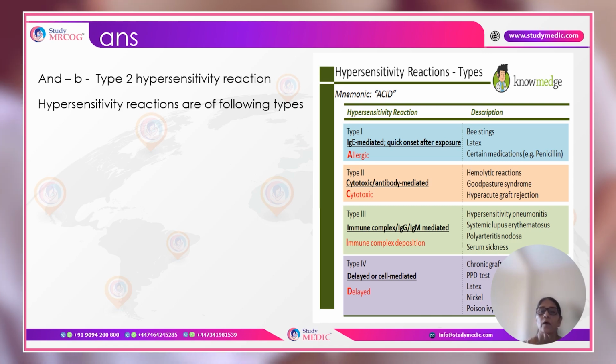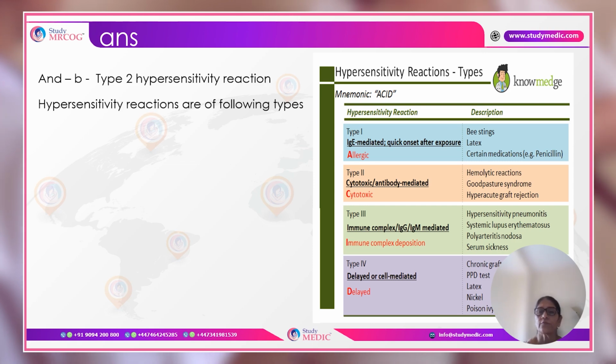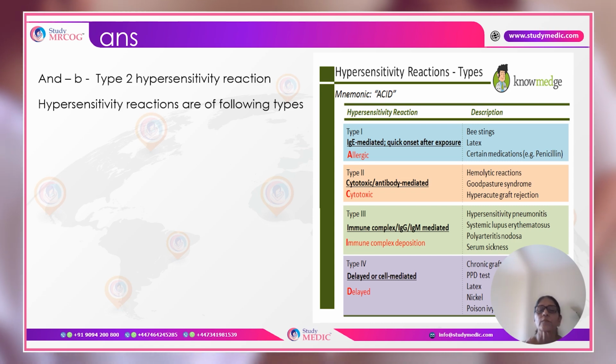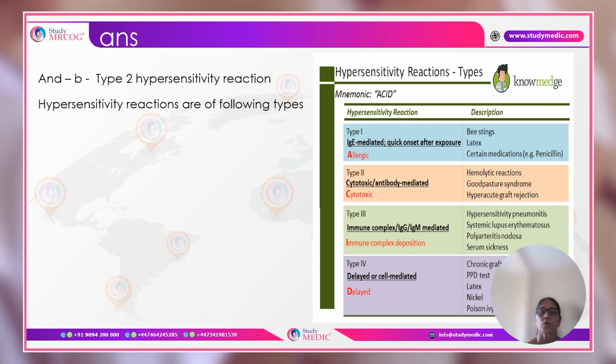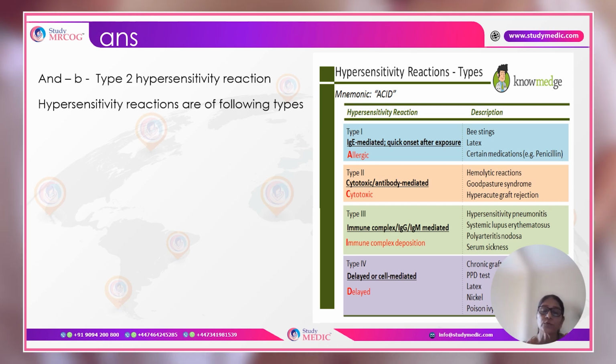Now chronic graft rejection, the PPD test especially for tuberculosis, latex allergy which sometimes could be delayed also, nickel allergy or poison ivy, all of these are type 4 reactions. So remember that anybody who is showing a reaction to a blood transfusion, it is a type 2 hypersensitivity reaction.